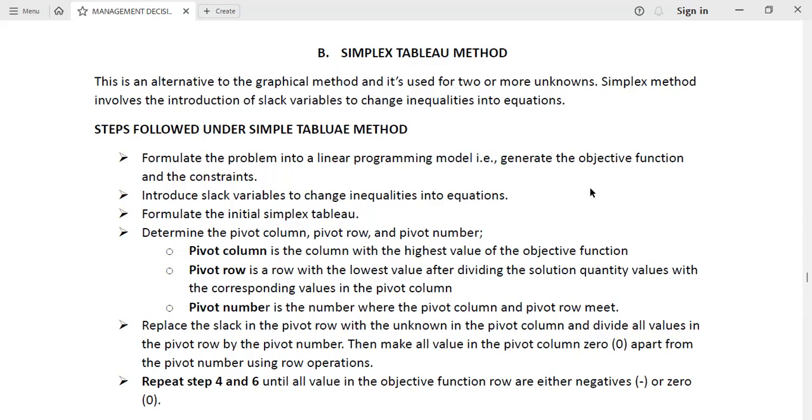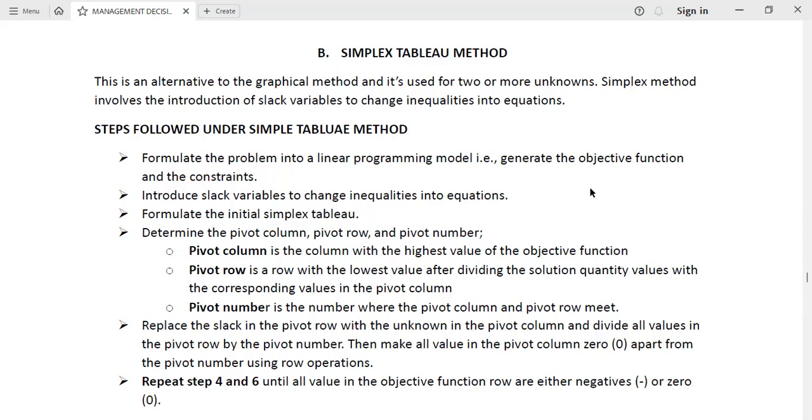Those slack variables represent the unutilized capacity of the resources. In other words, there are some resources that you are not going to fully utilize, and that portion that is not utilized is what we provide as the slack variables.